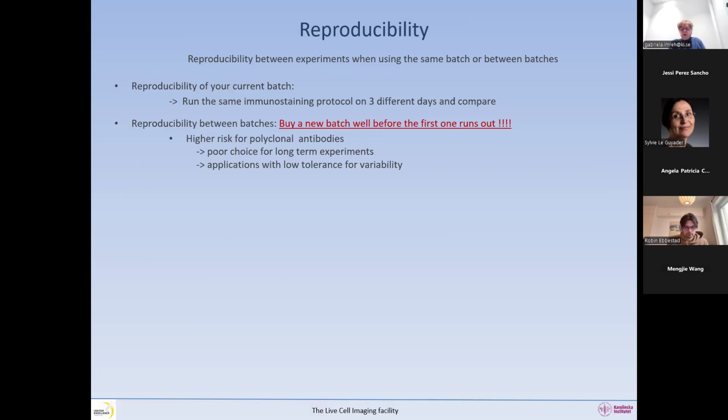Also, polyclonal antibodies are not the best choice if your application has a very low tolerance for variability, since we know that we do have variabilities if we use polyclonal antibodies. But if only the polyclonal antibody is available, then you can also ask for the same lot.